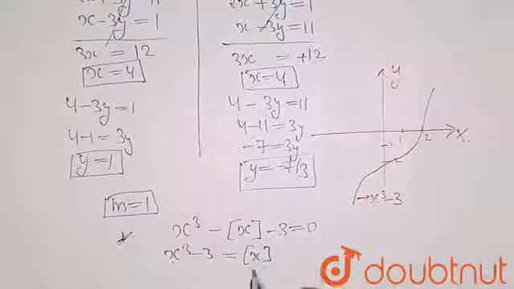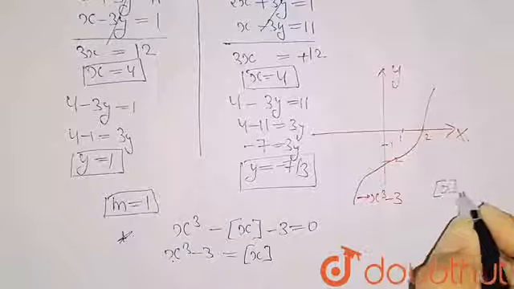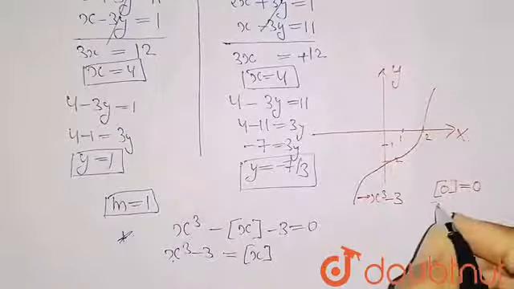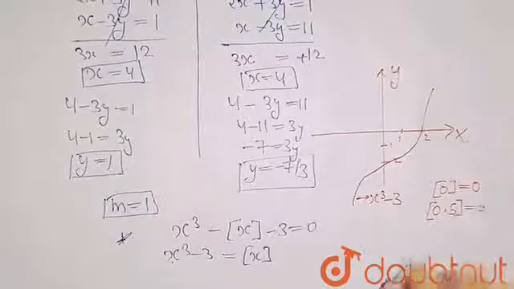Now for the greatest integer function, we know that when you put 0 you will get the value 0 only. When you put 0.5, then also it will be taken as 0 only.